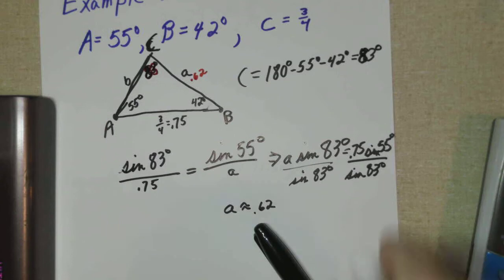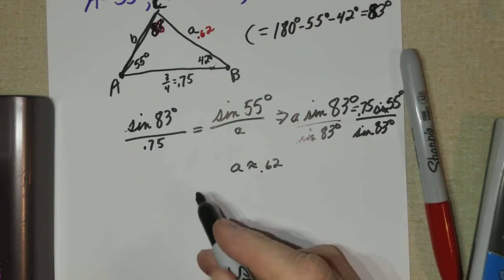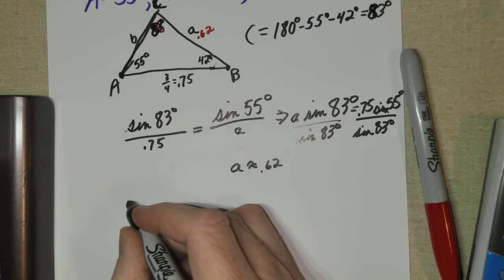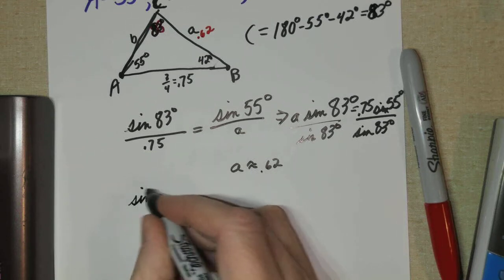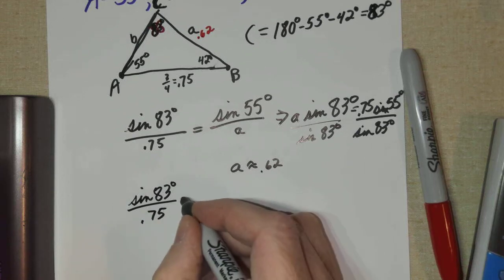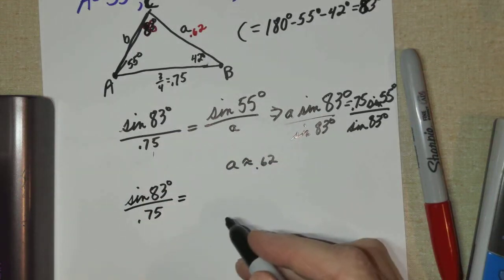And now I just have to find B. I'll stay with the sine of 83 degrees over 0.75. I don't have to, it's just handy.